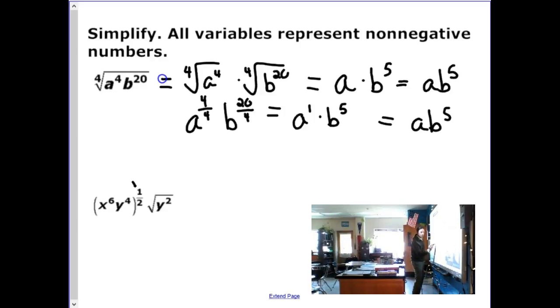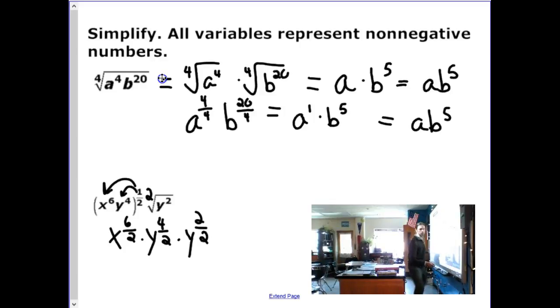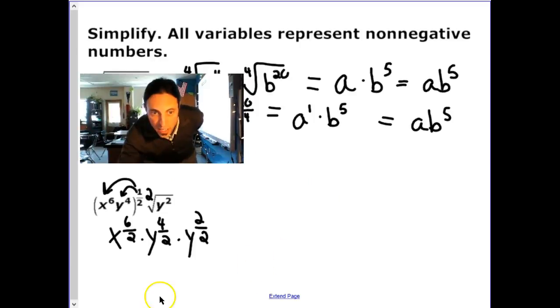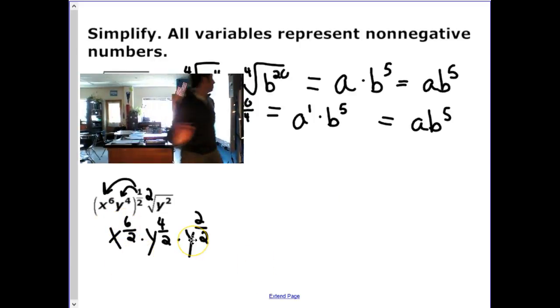Now this one down here, don't fret. Again, we're going to distribute the exponent here and here. And this also means it's implied to the second. So we're saying x to the 6 over 2, y to the 4 over 2, and y to the 2 over 2. Now here, x to the 6 over 2 is really just x to the third.